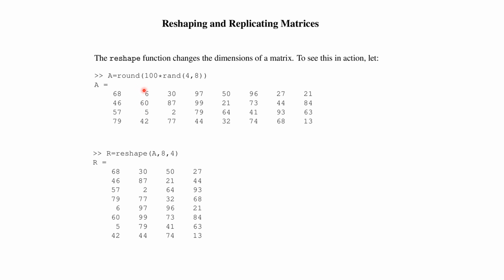And the second column, 6 down to 42, appears here. And then it'll start over here, 30 down to 77. And then the next column appears here. So it's working down the columns, reshaping the matrix. Of course, the size of the new one must have the same number of elements as the old one.